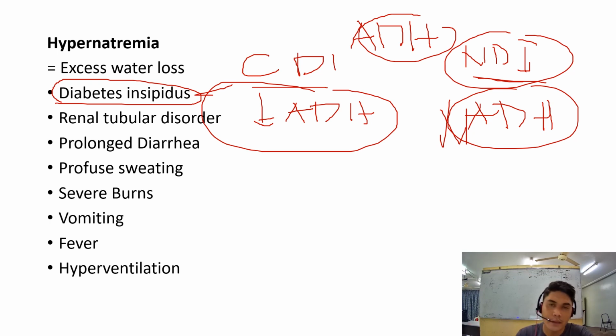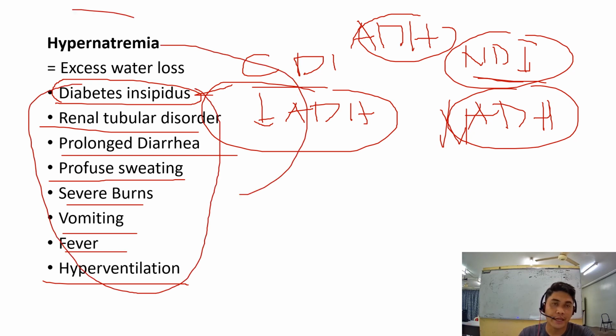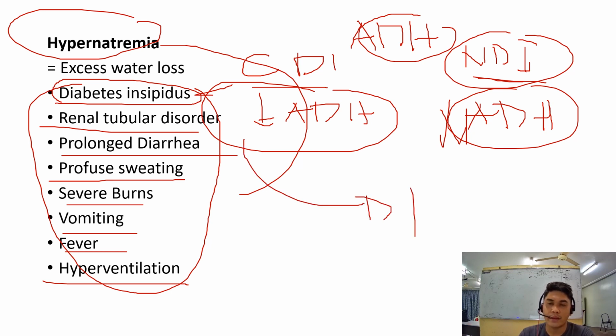Next, renal tubular disorder. There is a problem with the reabsorption of water. Then prolonged diarrhea, profuse sweating, severe burns, vomiting, fever, and hyperventilation. These conditions are associated with hypernatremia if the patient has a problem with the hypothalamus.